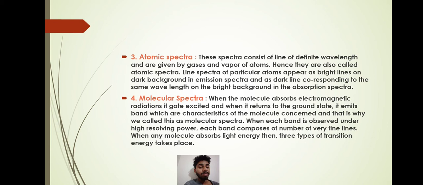Line spectra of particular atoms appear as bright lines on a dark background in emission spectra, and as dark lines corresponding to the same wavelength on a bright background in the absorption spectrum. These are vice versa. You see bright lines on a dark background in emission spectra, and dark lines on a bright background in absorption spectra.